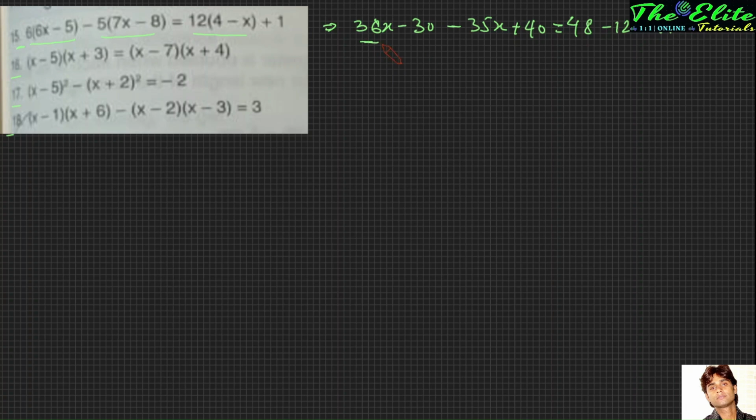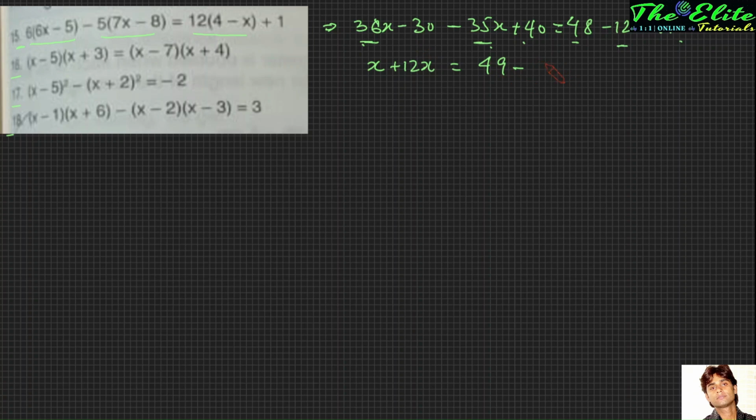Now the x terms are here, then here and here. Bring them down here. 36x minus 35x is actually x, and this 12x will come up here with plus 12x. Now the x terms are gone. 48 plus 1 makes it 49, and then what is going to be here? 40 and 30 minus will give you plus 10 on the left hand side itself.